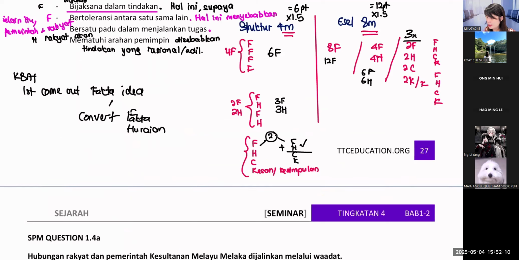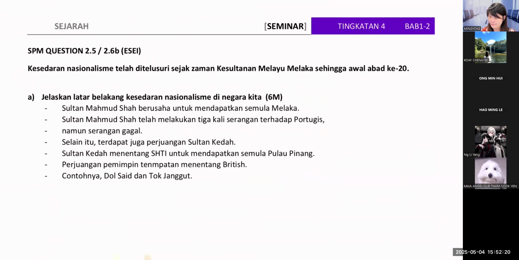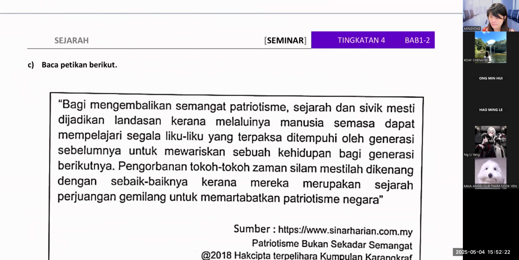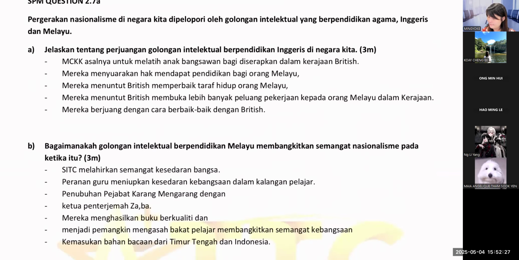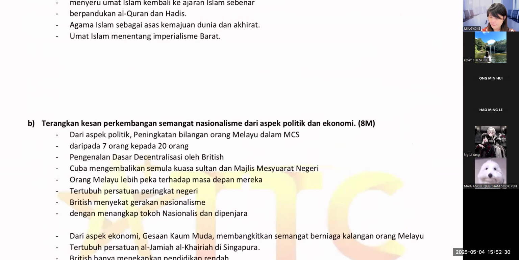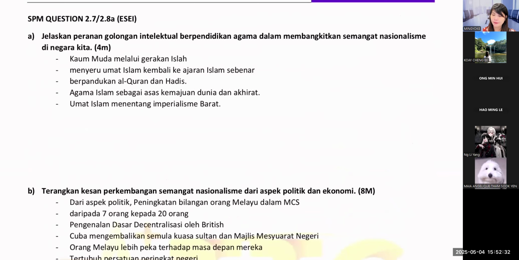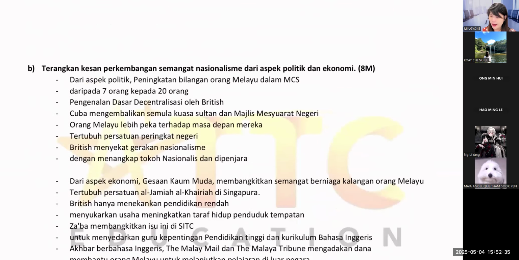Here, Kesan. They may come out and ask directly, Kesan, politik, economy, then give you 8 marks. So in this case, politik is 4, economy is 4.